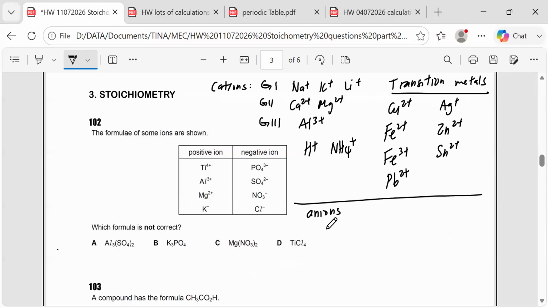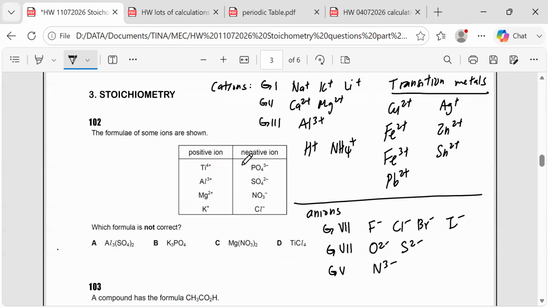Everybody in group 7 is -1: fluoride, chloride, bromide, iodide. Everybody in group 6 is -2: oxide, sulfide. Everybody in group 5 is -3: nitride. These are anions with only the elements.